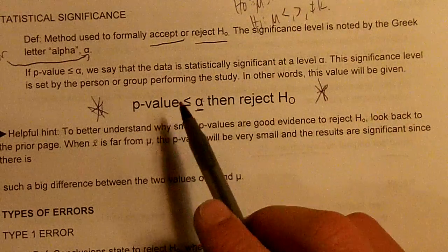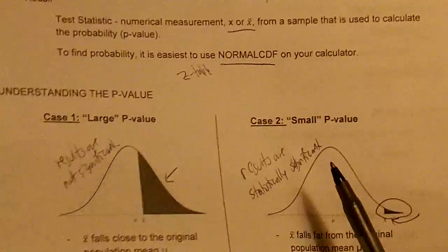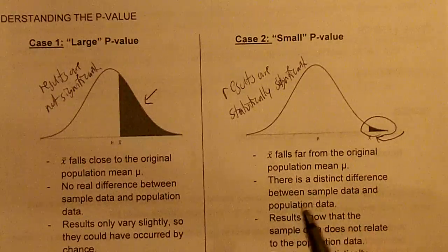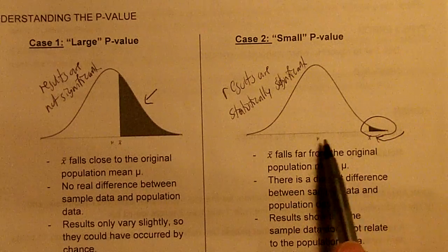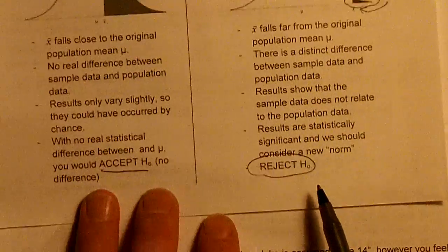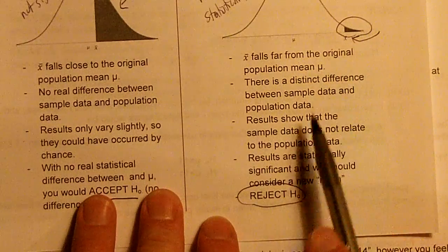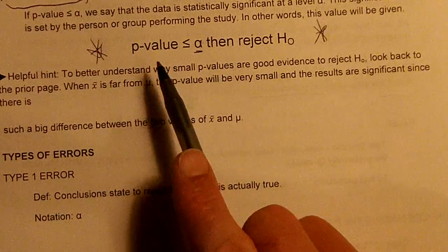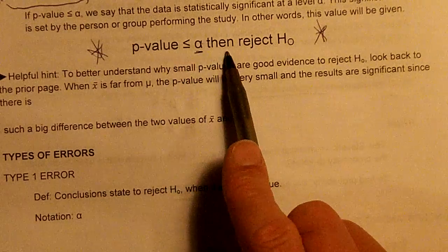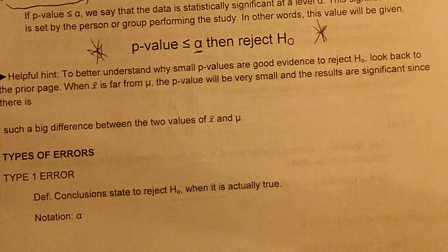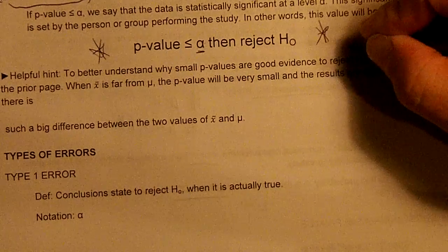Once you have this comparison, if your p-value is small, like we saw on the previous page, right, small p-value, your results are significant, meaning you would reject the null. So again, when you have a p-value that's very small, you reject the null, which is described right here, right? When your p-value is less than alpha, then you reject the null hypothesis because your data is very extreme. Right?